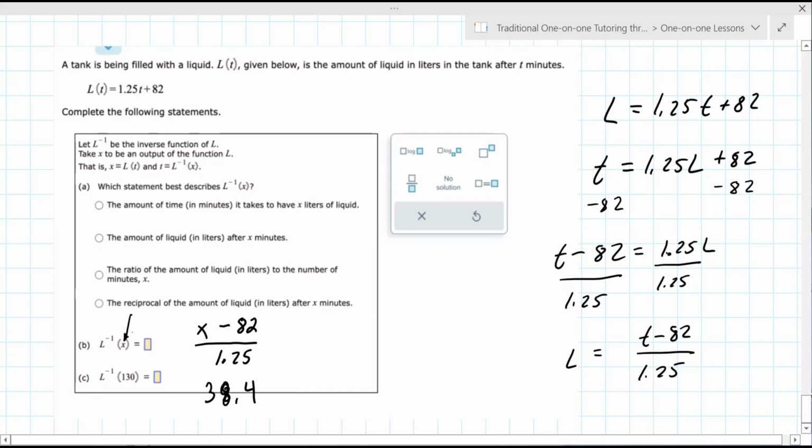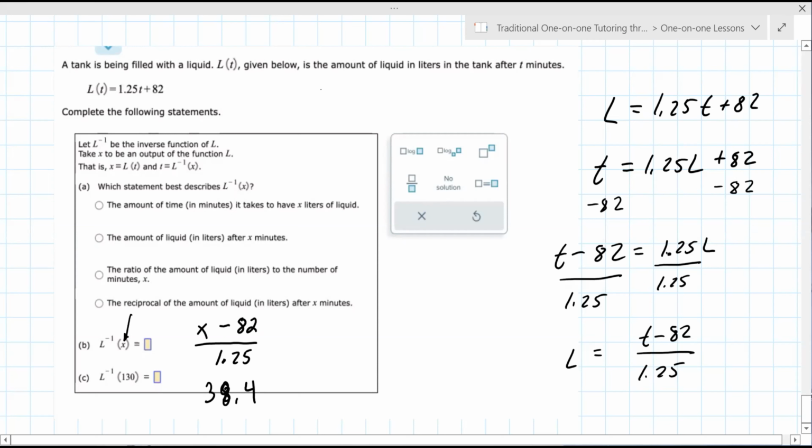There's a reason they switch that. It's not helpful for you as students, but just remember to put it in for the variable that it's asking for. Using my calculator, that's 38.4. Okay, good.